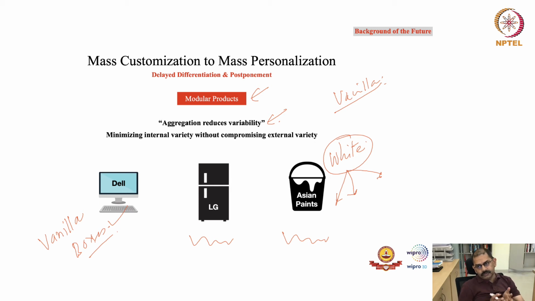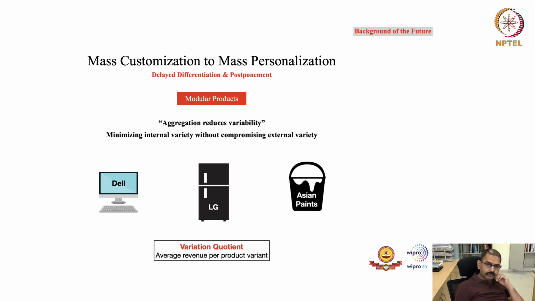And remember that the customer demand may be highly variable also, right? So it is important how you match the demand with the supply, and I think the technology plays a critical role, and that's why we are moving from an era of mass customization to mass personalization. In fact, one of the metrics to capture this idea is the average revenue per product variant, right?